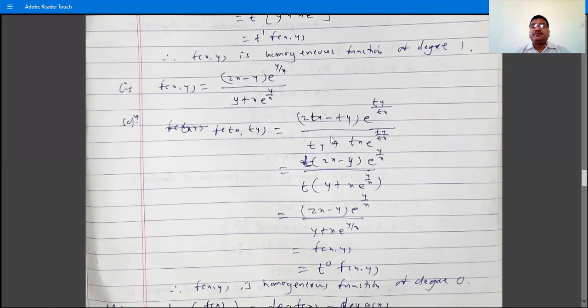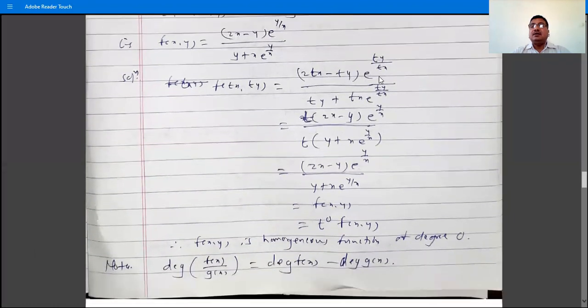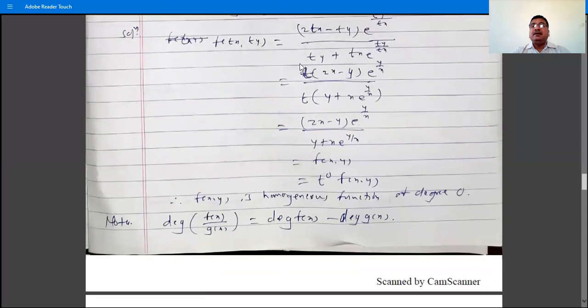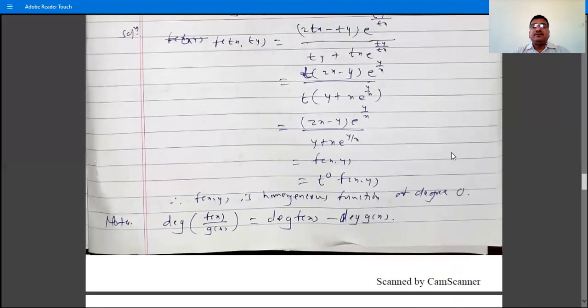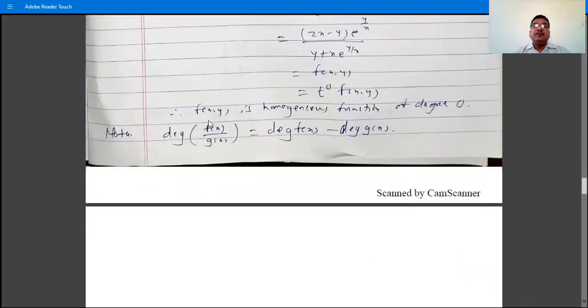So we have this, and then take t common, t gets cancelled, take t common and t gets cancelled, we have t by t which is t raised to 0, then we have 2x minus y by y plus x e raised to y by x, and that is the function f(x, y). So we have t raised to 0 f of xy, and therefore f(x, y) is a homogeneous function of degree 0. So the degree of f(x) by g(x) is the degree of f(x) minus the degree of g(x).